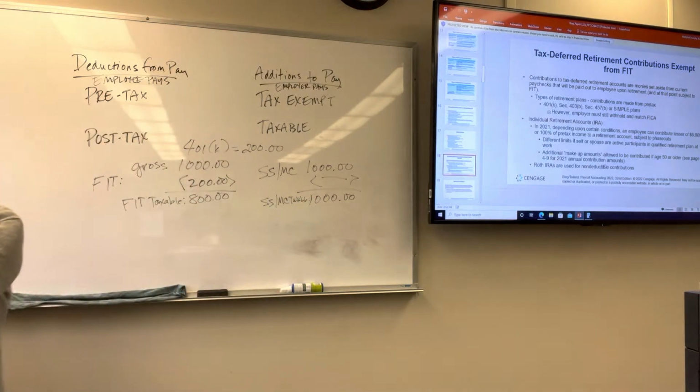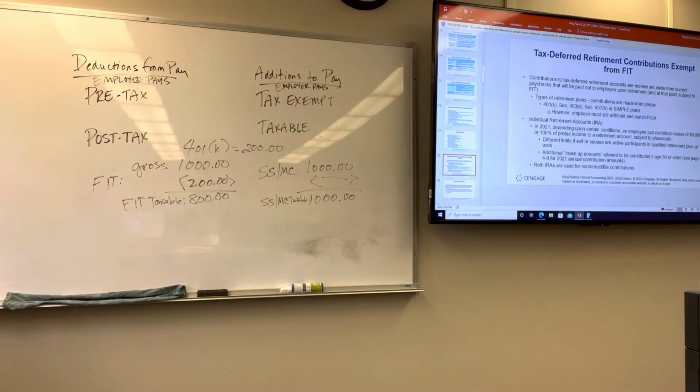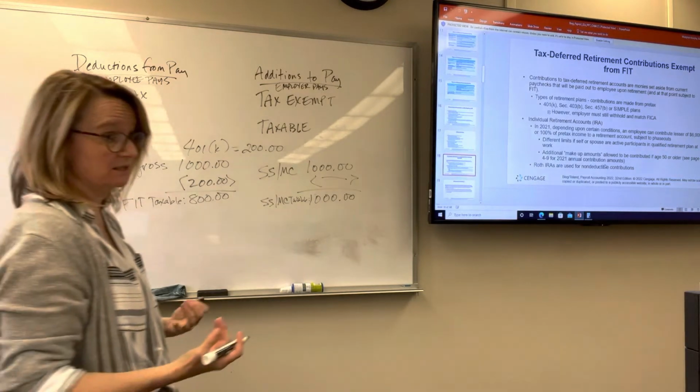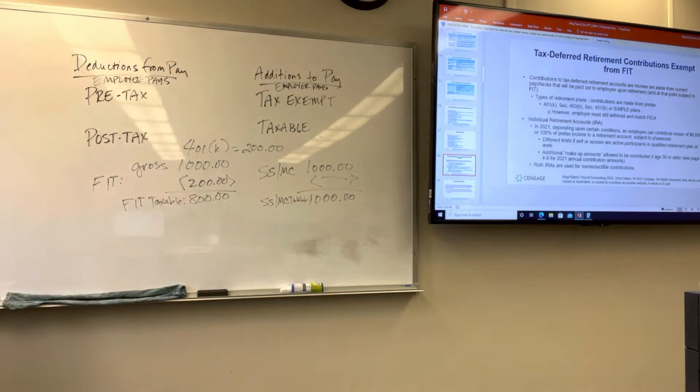So you have to do two calculations to determine, before you figure out what the actual tax is, what your taxable base is in these calculations. This is only for retirement plans though.